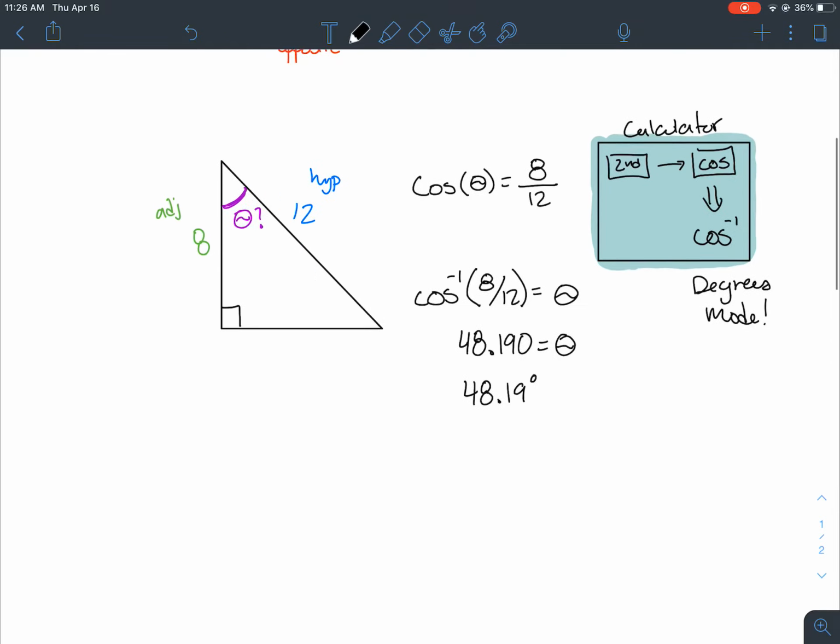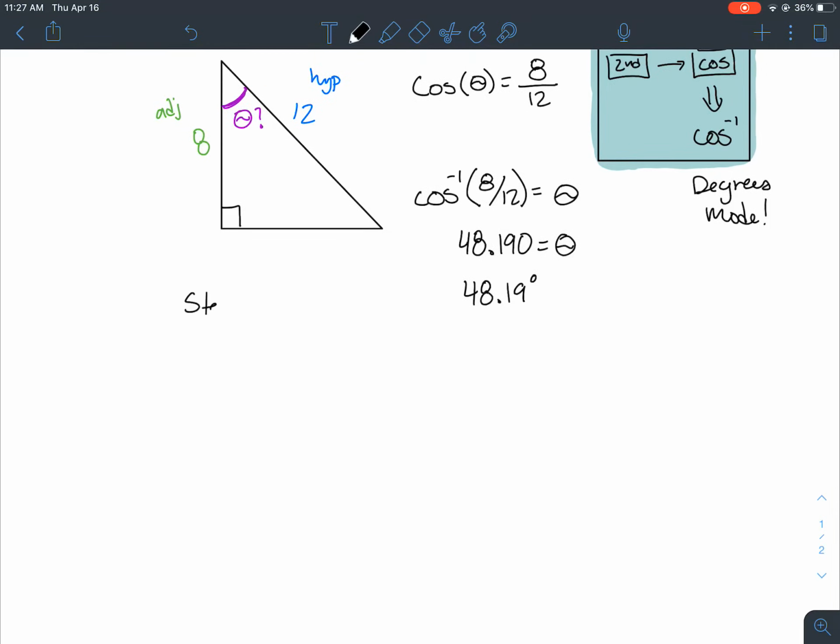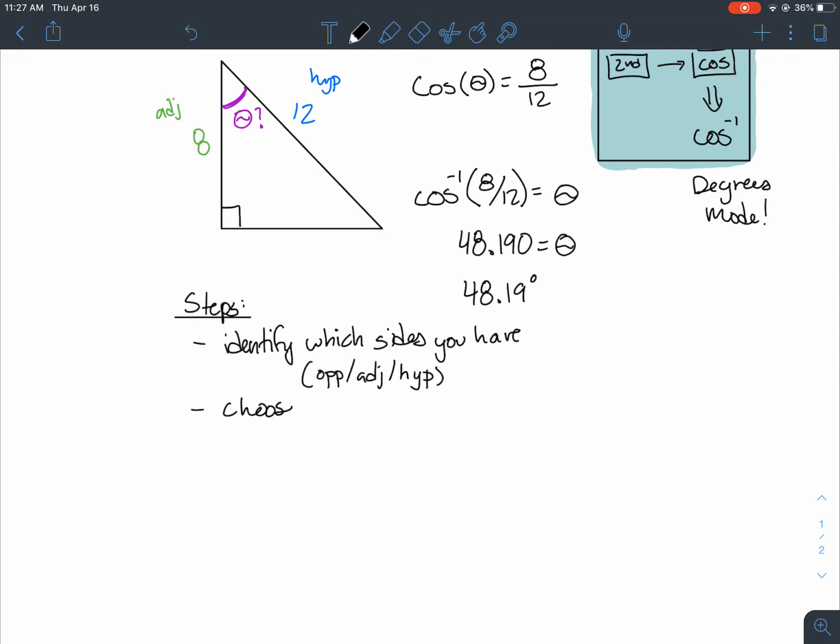So again, the steps here are to first identify which sides you have. And that just means, do we have the opposite, do we have adjacent, or do we have hypotenuse? Which of those two? Then we need to choose the appropriate trig ratio.